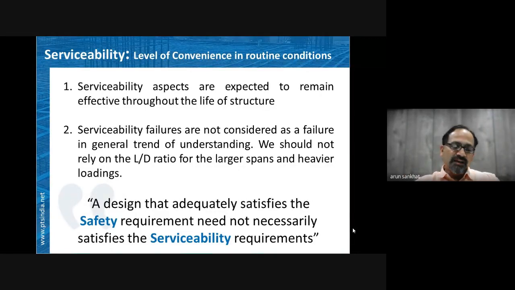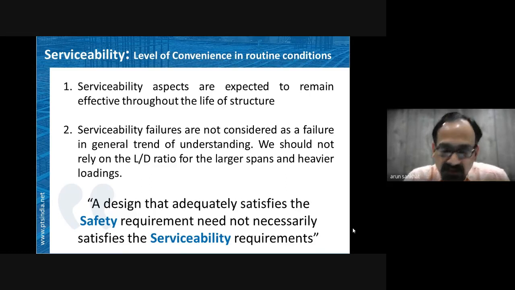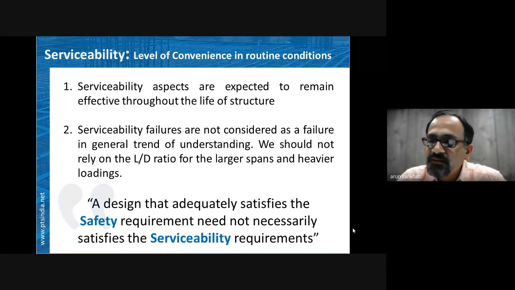In our code IS 456, the L by D ratio, that is span by depth ratio, is suggested up to 10 meter, but still, beyond 10 meter also, we like to go with the same span by D ratios, and that is not actually applicable.